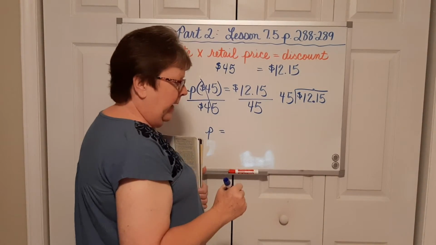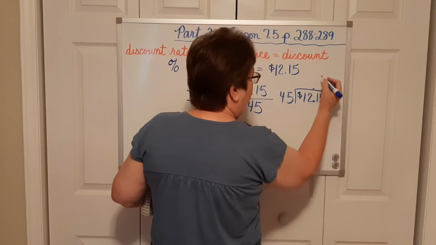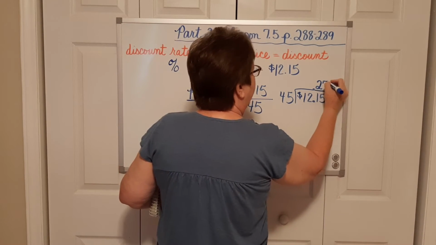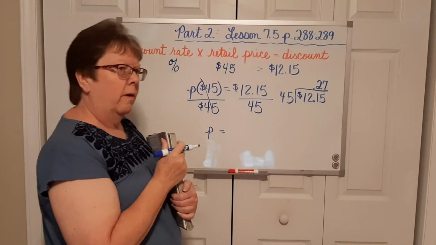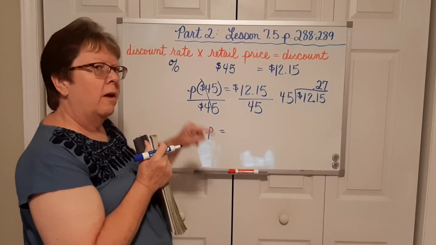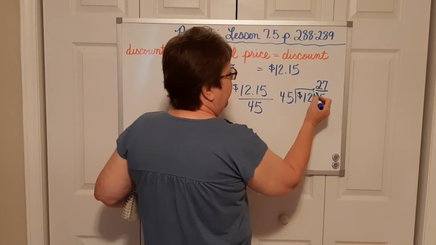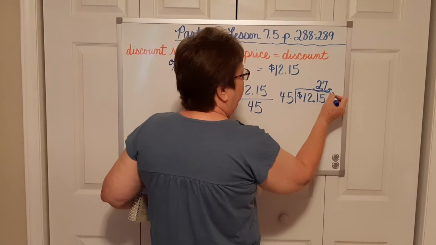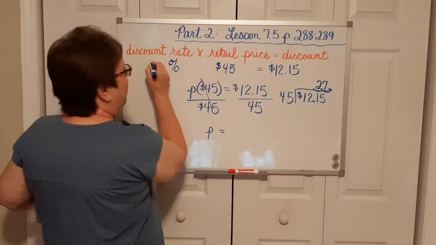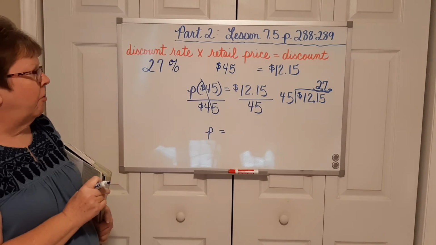We're not going to go through all this because you know how to divide, but if you divide correctly, you'll end up with 0.27. Now that's a decimal, and we're trying to find our discount rate, which is a percent. But remember how to make your decimal into a percent? Take your decimal point 2 places to the right. So your answer would be 27%. That's how you do that kind.